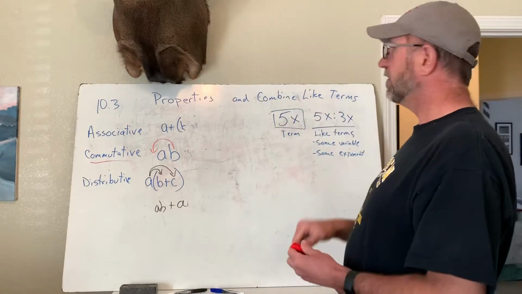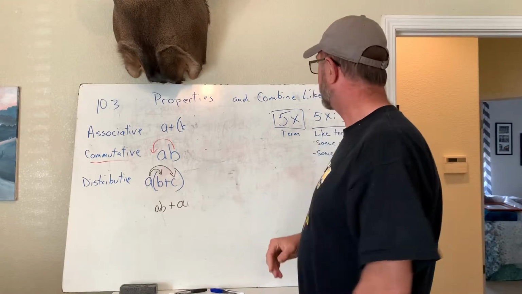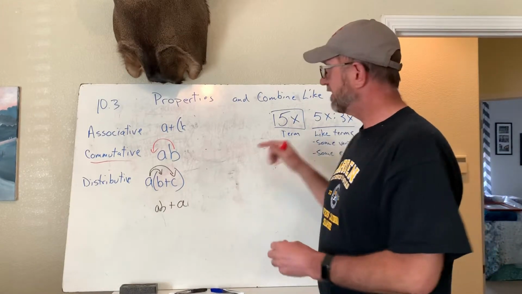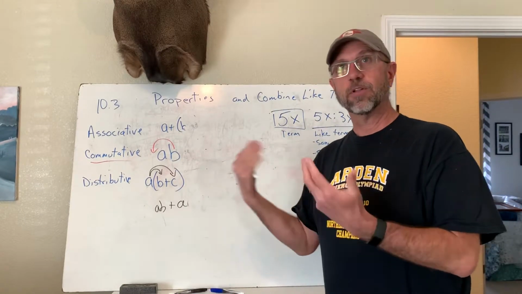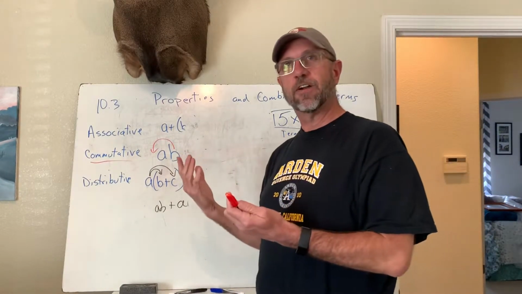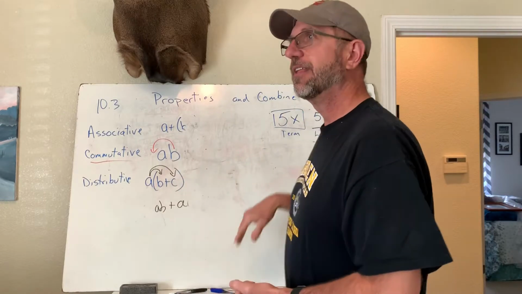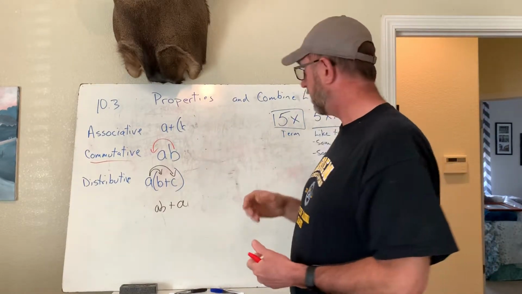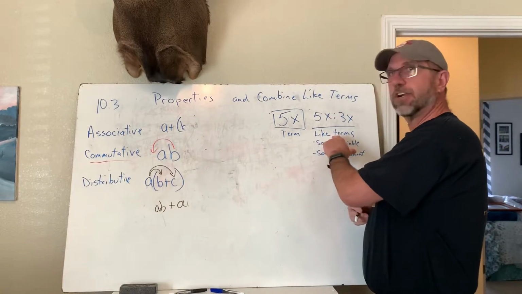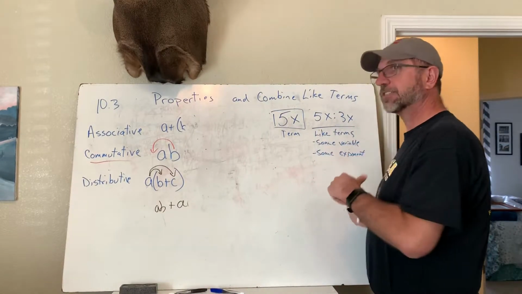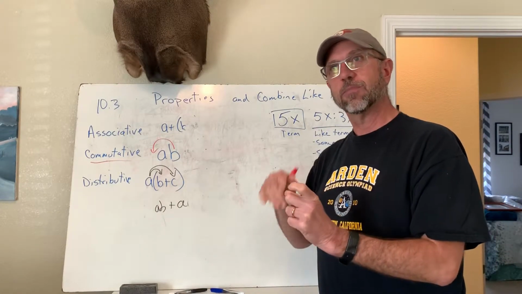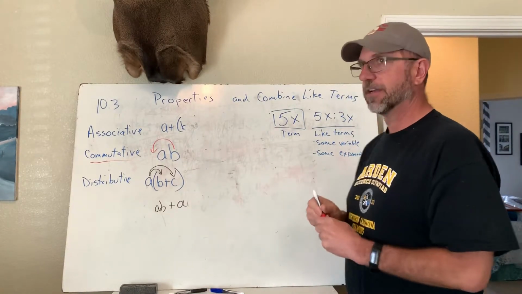Okay, we're going to look at combining like terms. A term like 5x has a variable, and anything that doesn't have a variable are all like terms with each other. The variable can be x, y, a, b, whatever. 5x and 3x are like terms because to be like terms, you have to have the same variable and the same exponent, right?